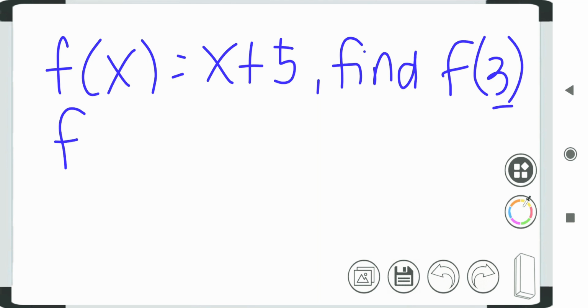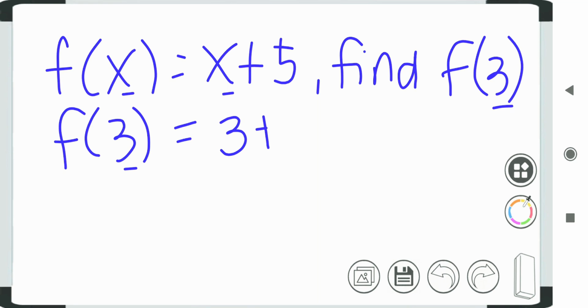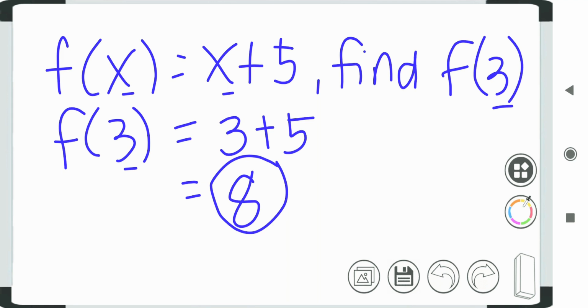So f of 3 means we substitute x with 3. So here we also substitute x with 3, then copy plus 5. Then we simplify the function. F of 3 equals 3 plus 5, that will be equal to 8. Therefore, f of 3 is equal to 8.